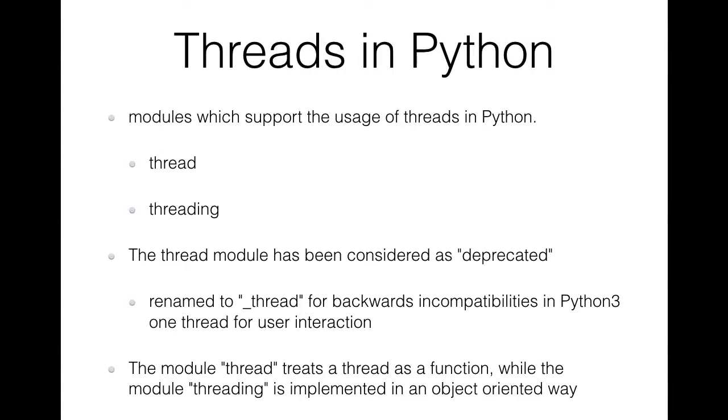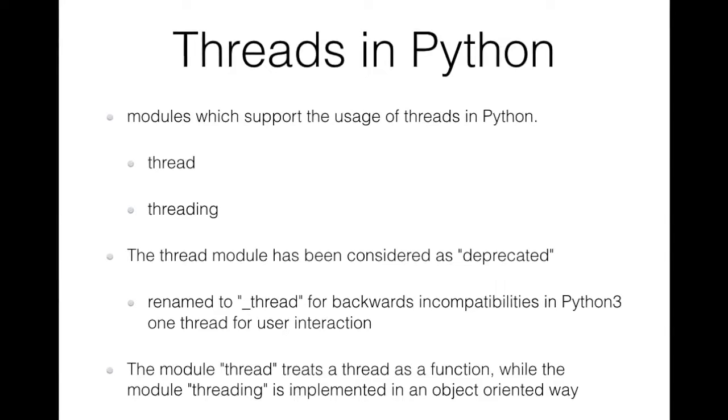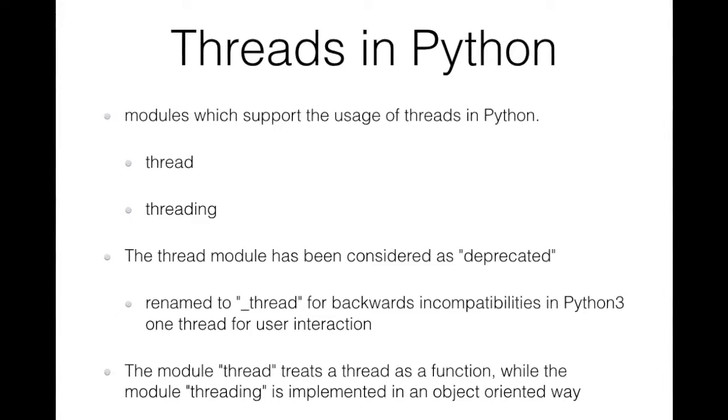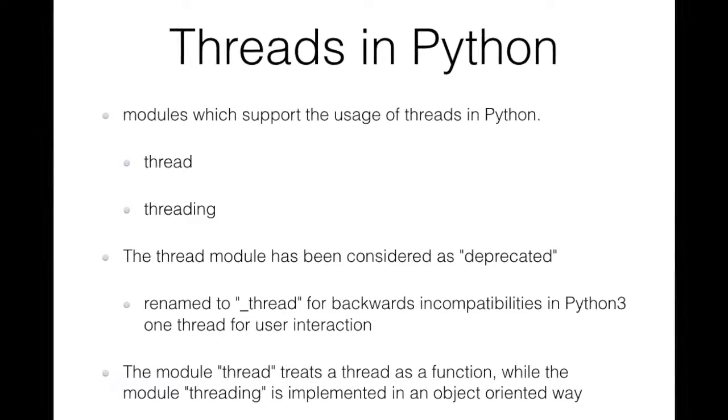Now in Python, there are two modules which support the usage of threads, and these two modules are the thread module and the threading module. One thing to note here is that the thread module has been considered deprecated for quite a long time. So users are encouraged to use the threading module instead of the thread module.